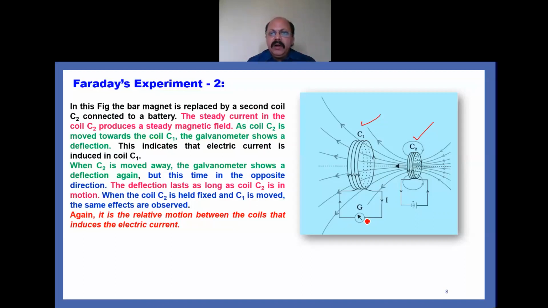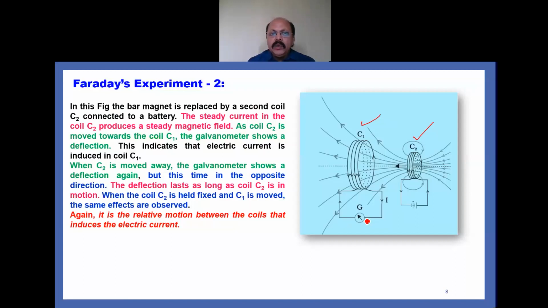Similarly, when the coil C2 is moved away from the coil C1, the galvanometer shows a deflection again, but in the opposite direction. And the deflection lasts as long as the coil C2 is in motion.